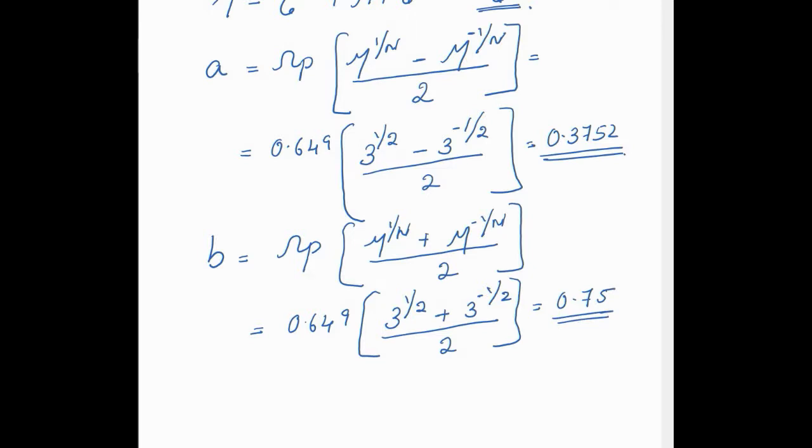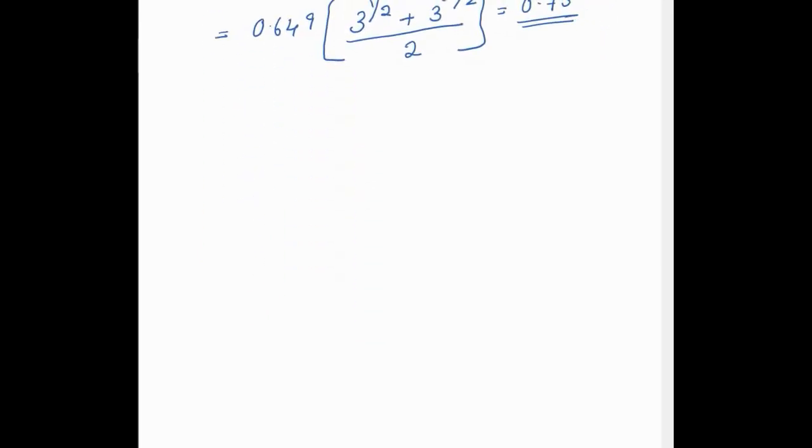Okay, now here onwards you have to put the calculator in degree mode. You have to find the angle. Angle is equal to pi by 2 plus (2k minus 1) by 2n into pi, where k varies from 1 up to n. Your n value is 2, so your k value varies from 1 and 2.